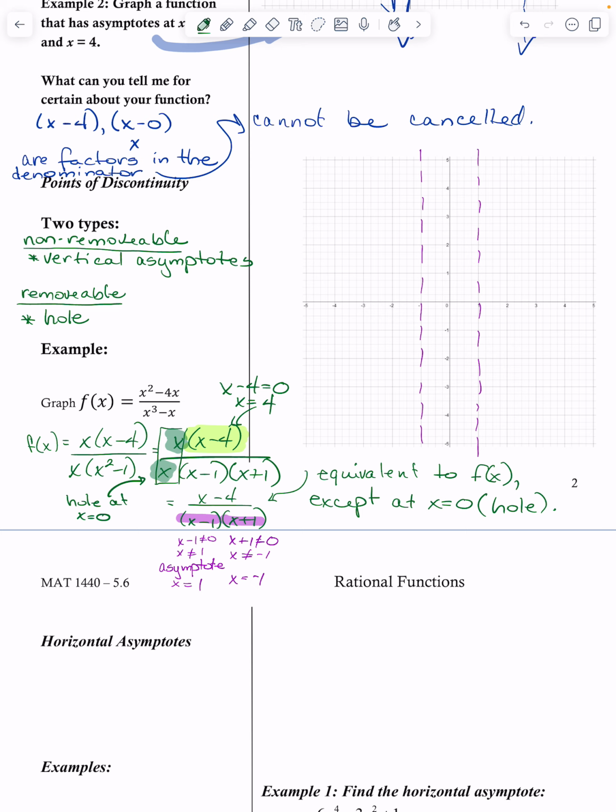So that means when x is 4, y's got to be 0. So the numerator tells us our x-intercepts.